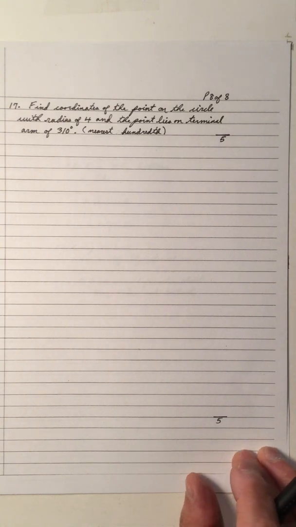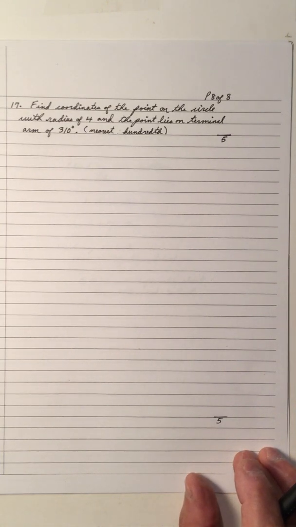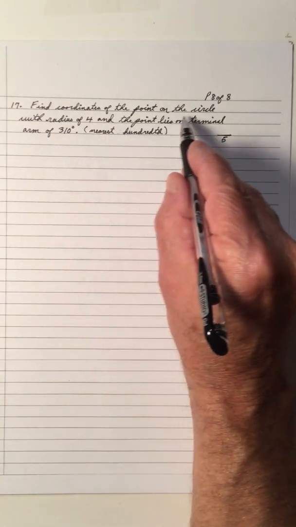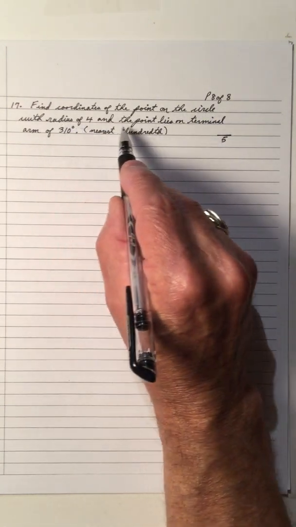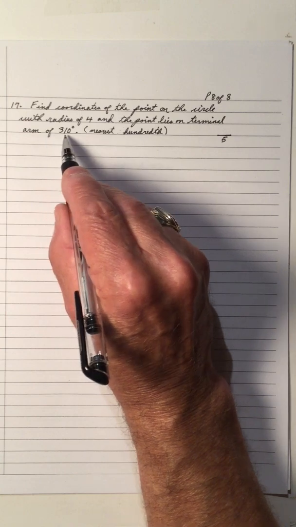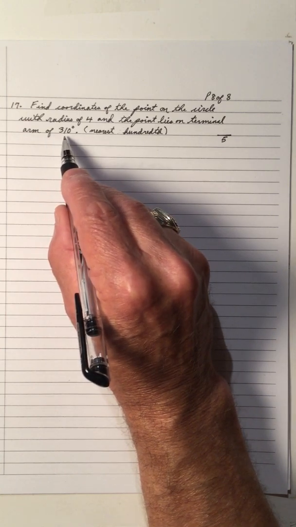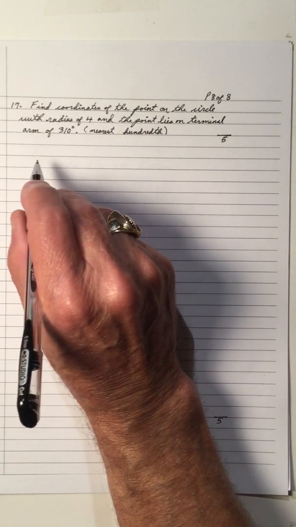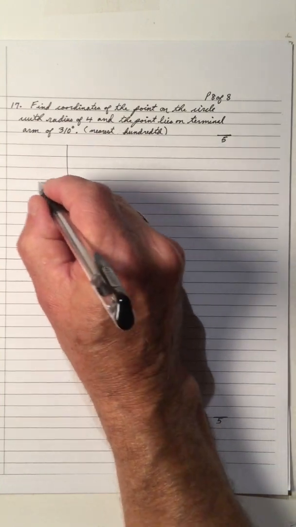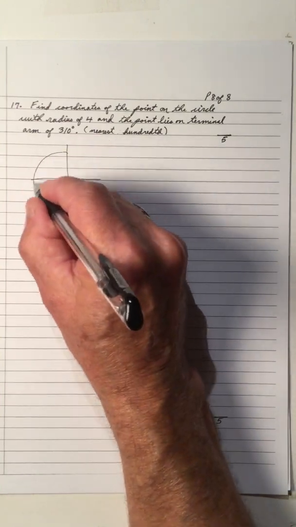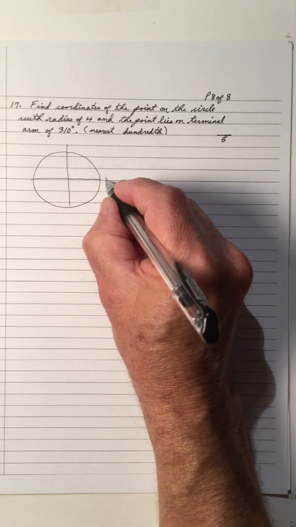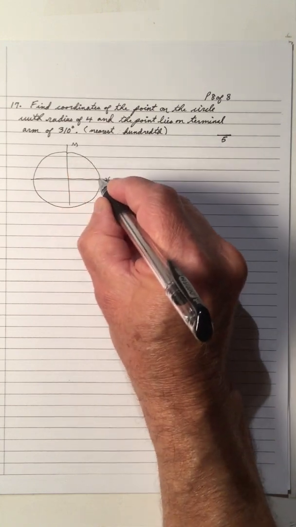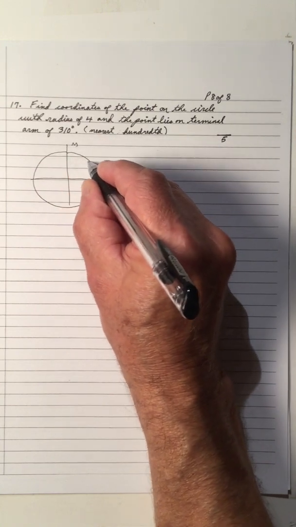Okay, and the last question, sum up the last video I did. Find the coordinates of the point on the circle with a radius of 4. The point lies on the terminal arm of 310. So we have a circle, x-axis, y-axis, and we're rotating 310 degrees.